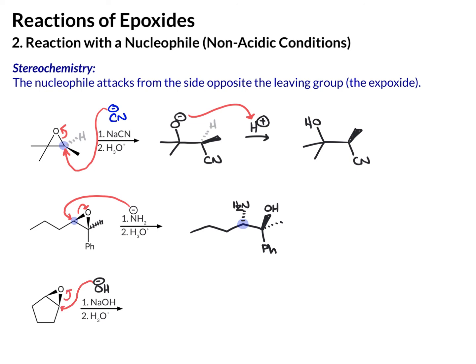But remember, this adds from the side opposite your leaving group. So I'm going to put a wedge OH here. And then the new OH that added, let's draw it in blue just to differentiate it. It's going to come in from the back right here. So this is actually a way to get an anti-diol.